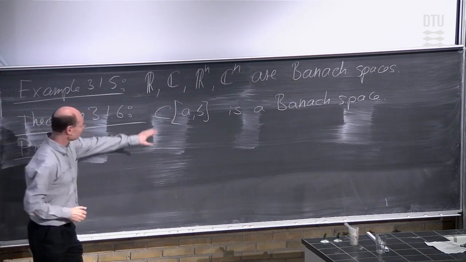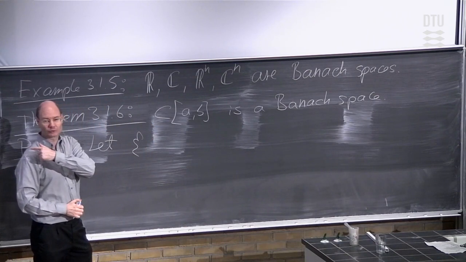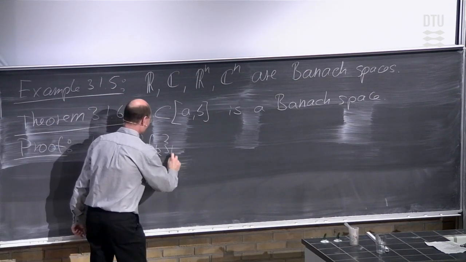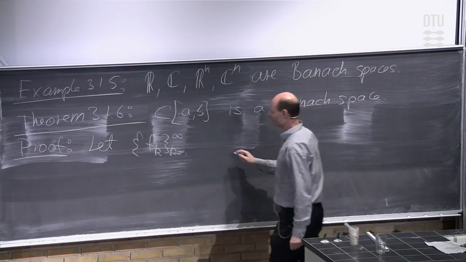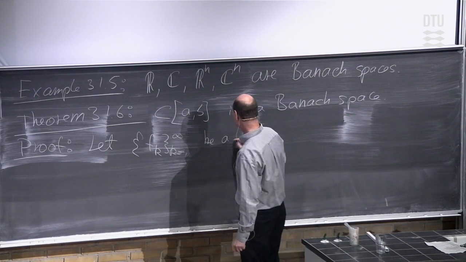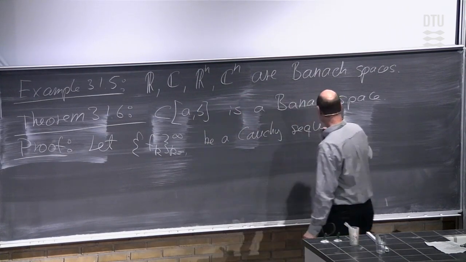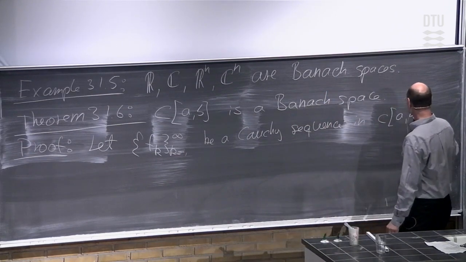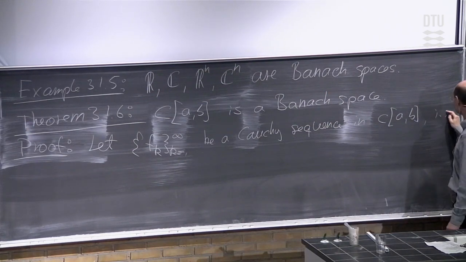So we take a Cauchy sequence in the space. Because it's a space of functions, we don't use the vk anymore. So let's call it fk instead. So this should be a Cauchy sequence in C(a,b). And let's write down right away what this means.